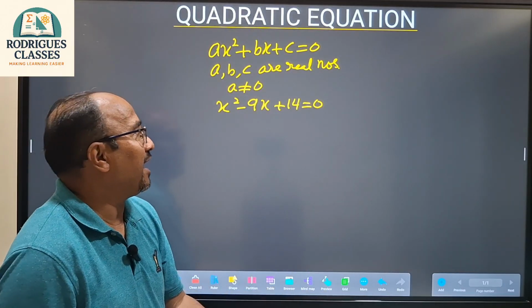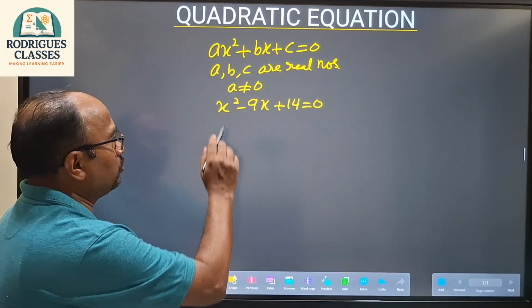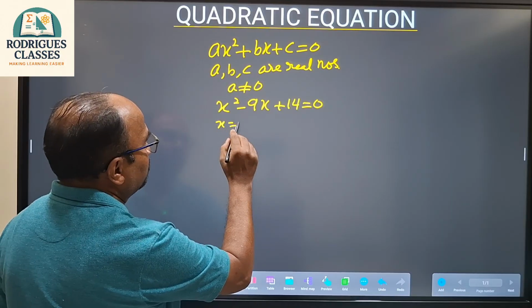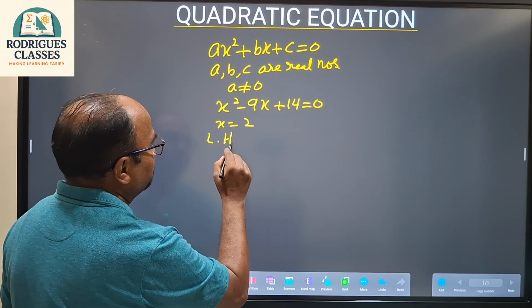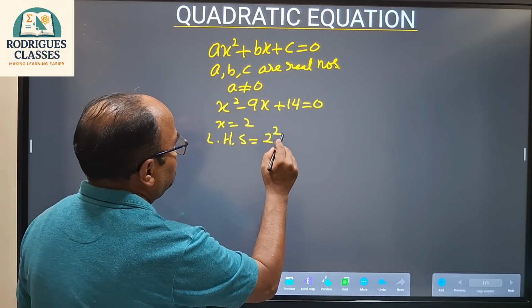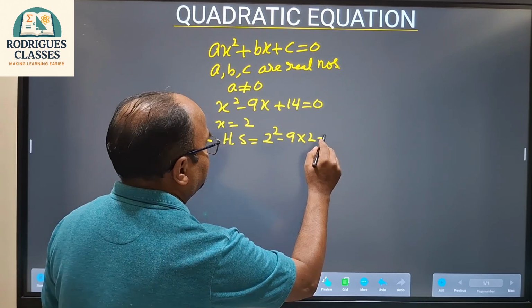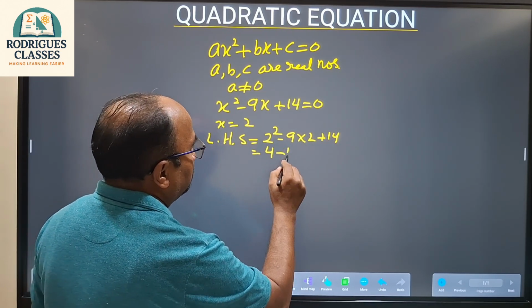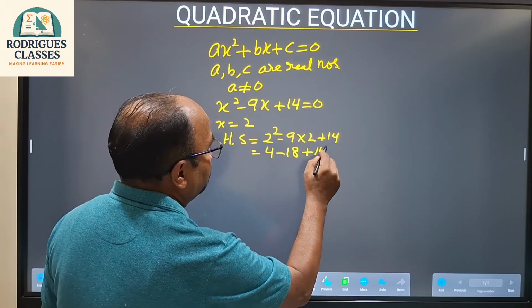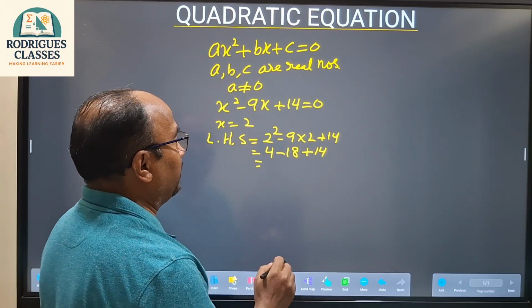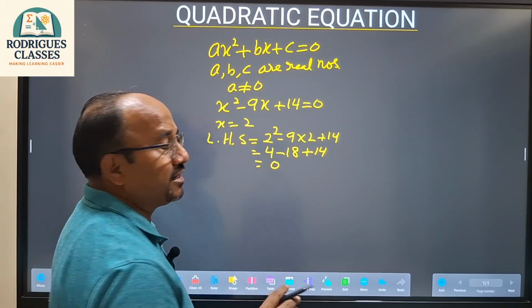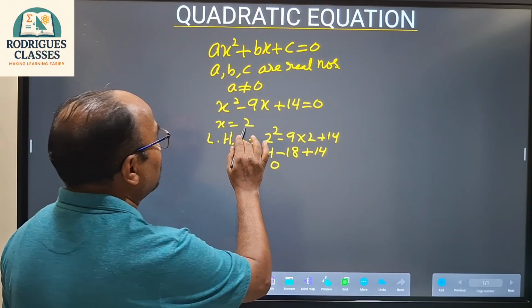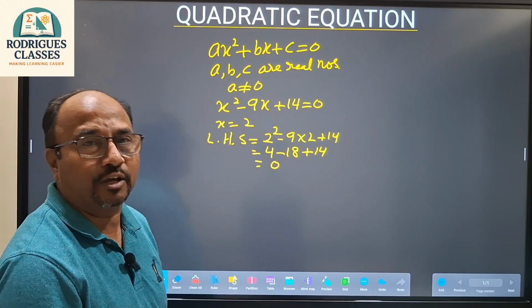If I put x equals 2, my LHS will be 4 minus 18 plus 14. So 4 and 14 will give you 18, and 18 minus 18 is 0. So it means 2 is a root of this equation.